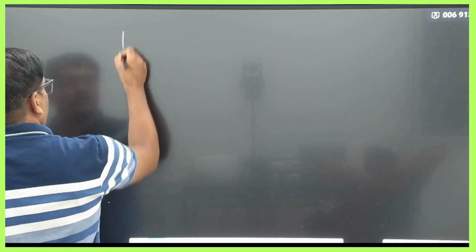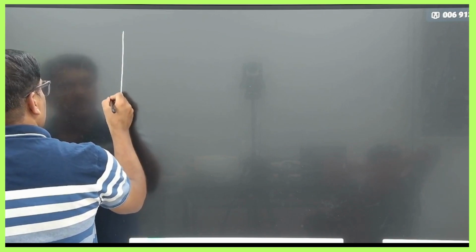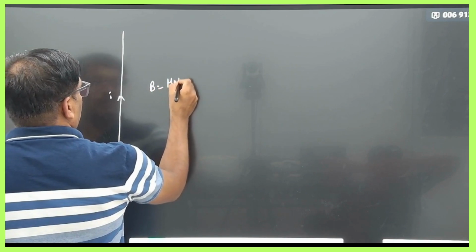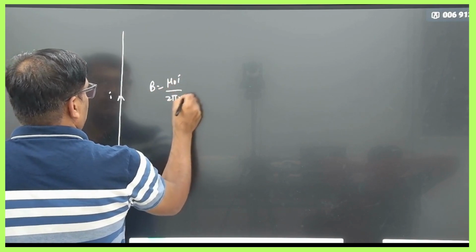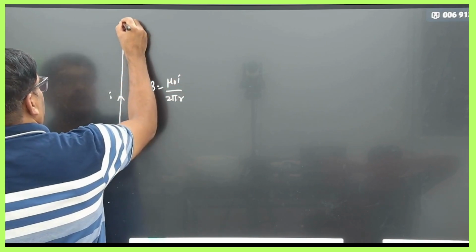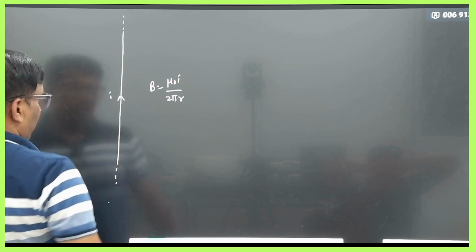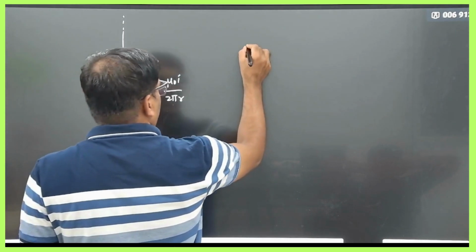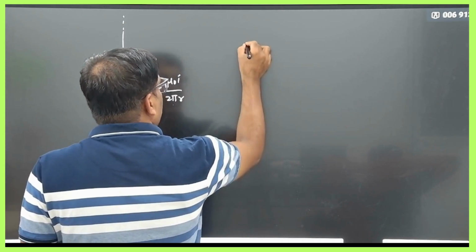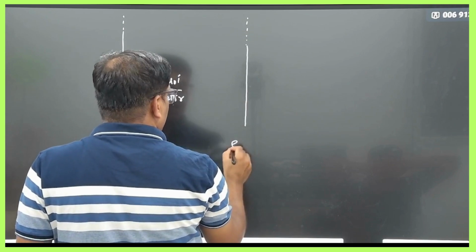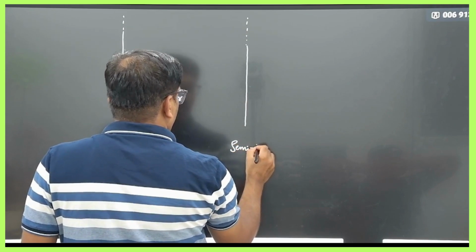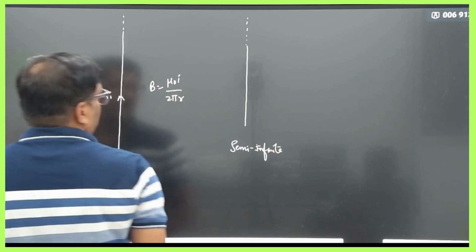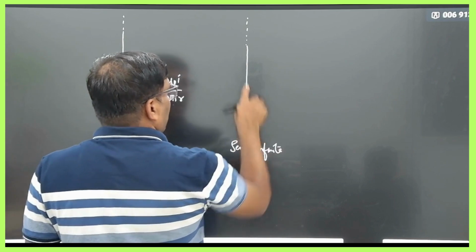So this is infinitely long. Now I will take it as semi-infinite. Semi-infinite means one end I know, another end I don't know.